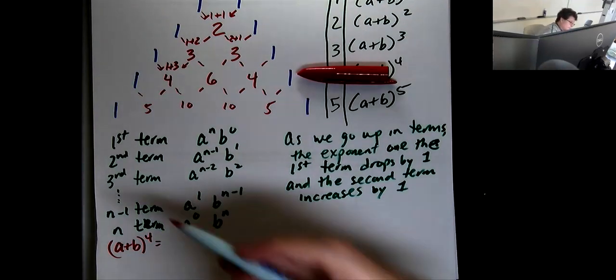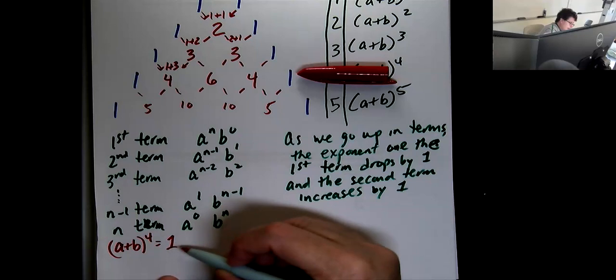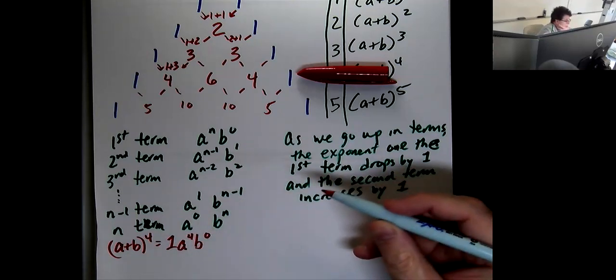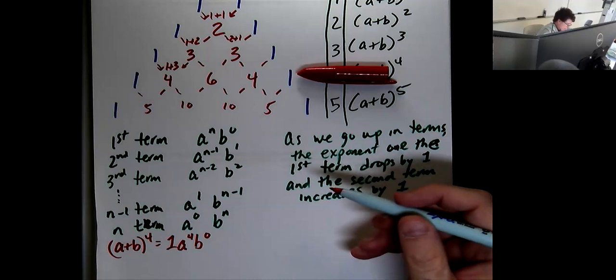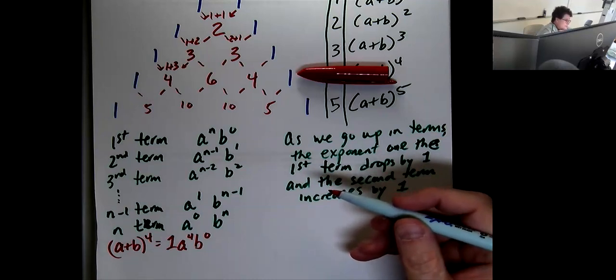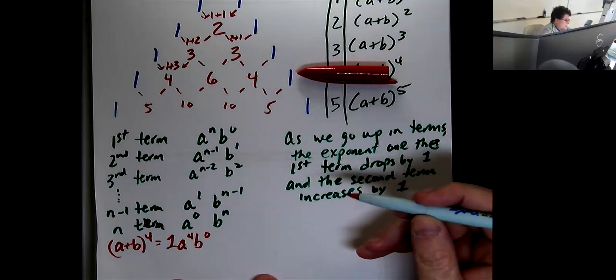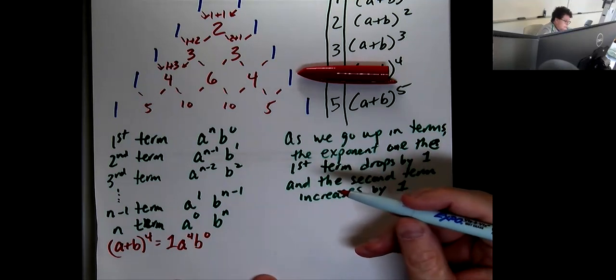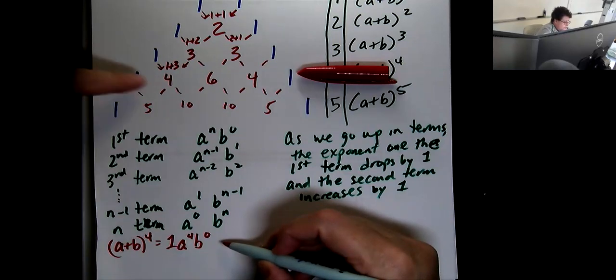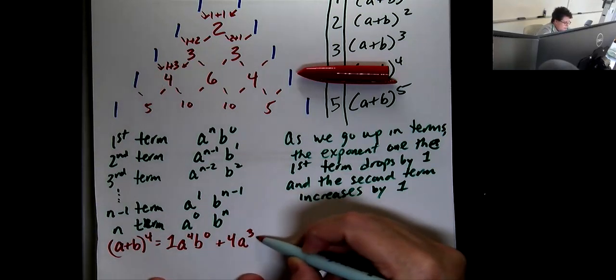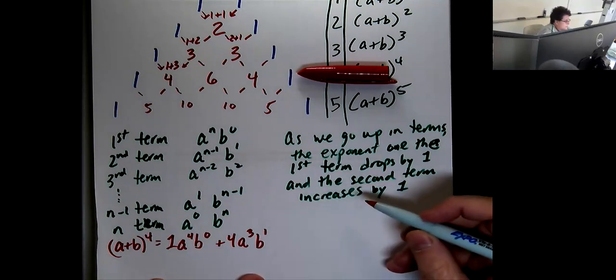I'm gonna start off with 1, A to the 4th power, B to the 0. And I'm gonna get rid of B to the 0 in a second, because anything to the 0 power just equals 1, but it's much easier to recognize the pattern if you see it with a 0. Then the next coefficient is a 4. The exponent on the A drops by 1, and the B goes up by 1.